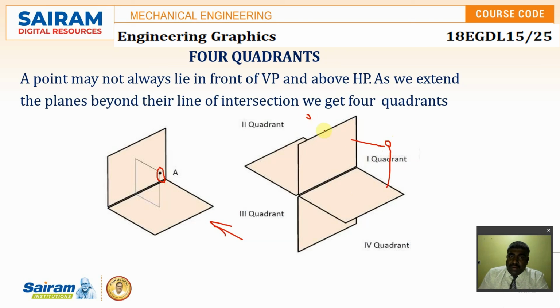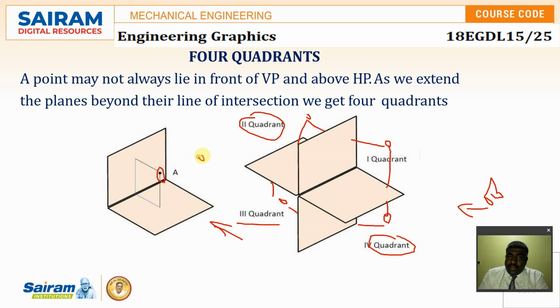If it is behind VP and above HP, that will be the second quadrant. If it is below HP and behind VP, that will be the third quadrant. If the object is below HP and in front of VP, then the object is in the fourth quadrant. It completely depends on the observer. If I keep the observer here, this will be the option. If I keep the observer on this side, then this becomes the first, second, third and fourth. So it purely depends on the observer position.